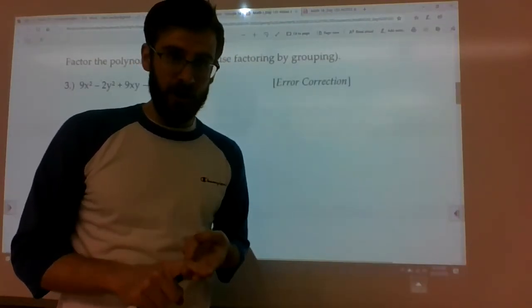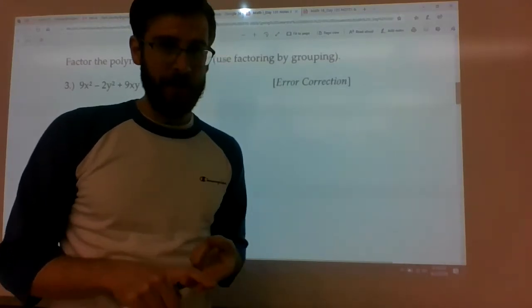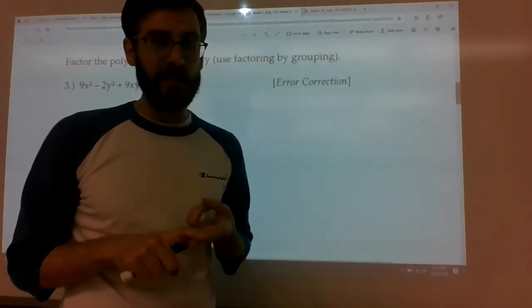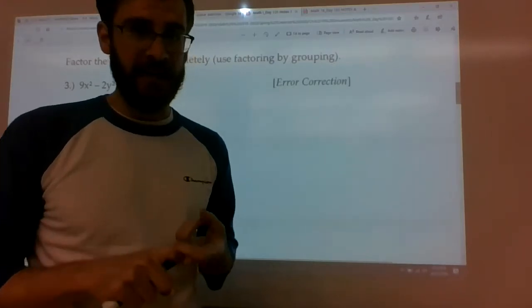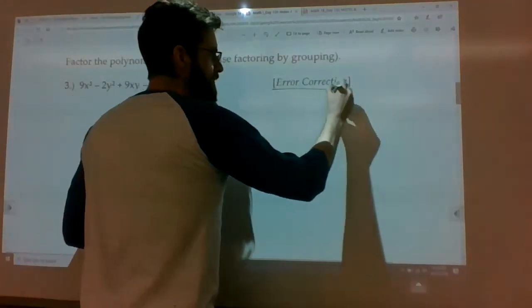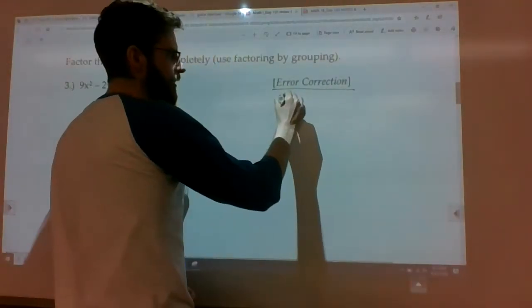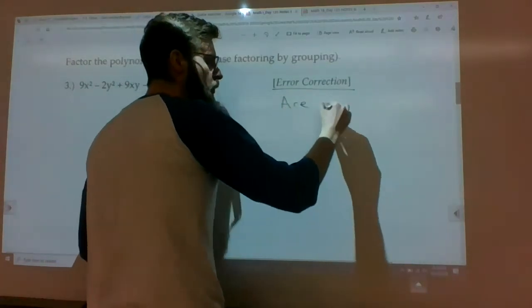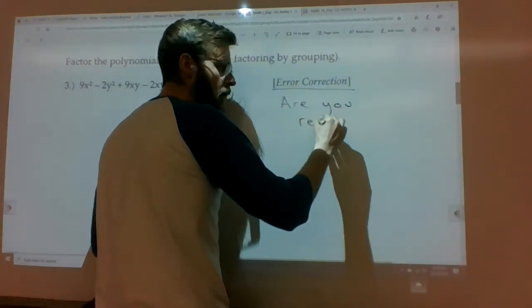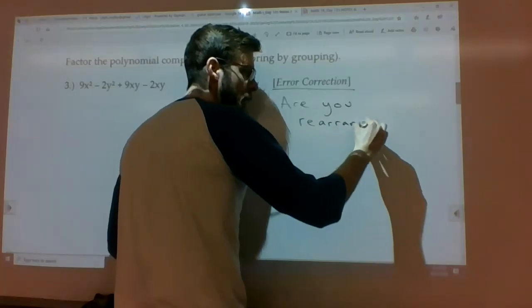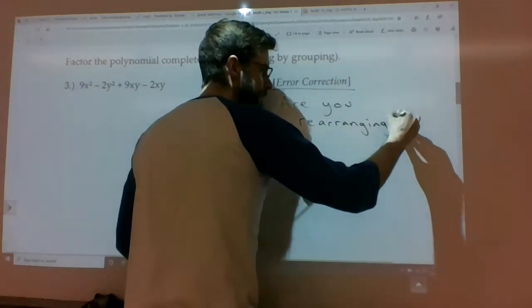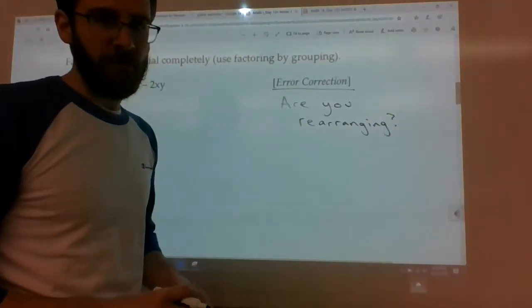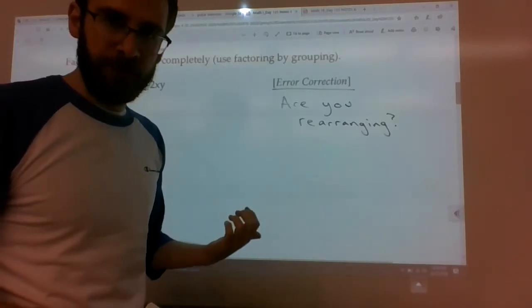I also talked about on the last step, at times you need to look for a GCF that needs to be taken out. So, first part of error correction. Are you rearranging or rewriting the polynomials? Because I checked out the homework of what people turned in already from day 134, and a lot of you guys weren't doing it.